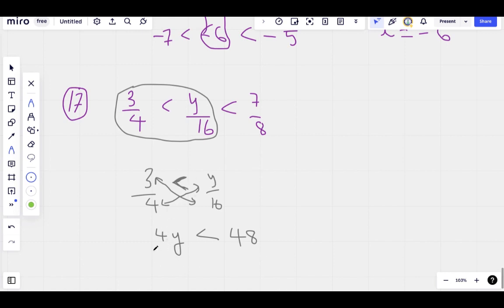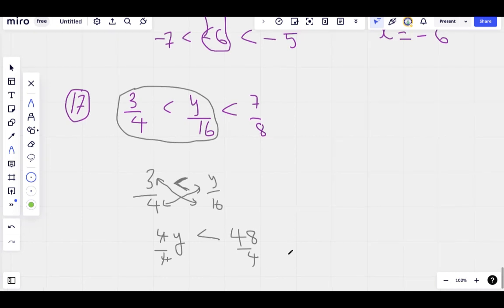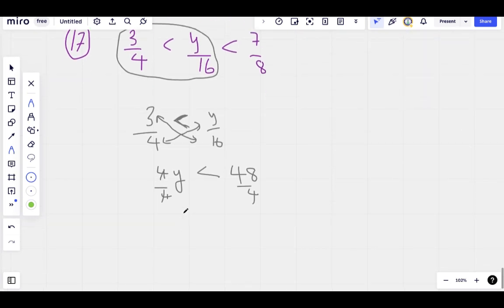If I divide both sides by 4, y will be less than 12, right?